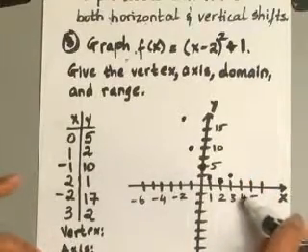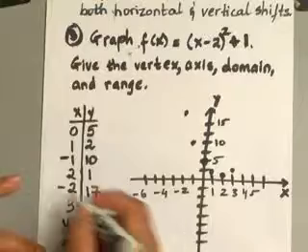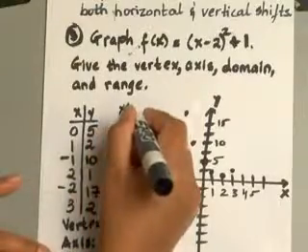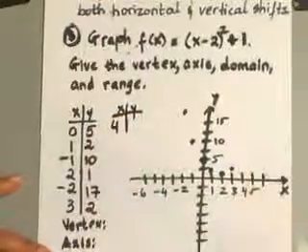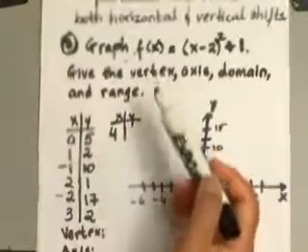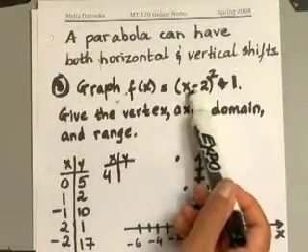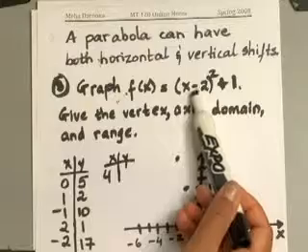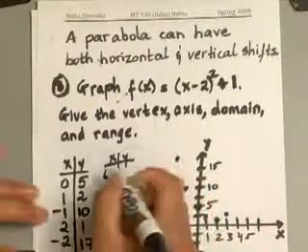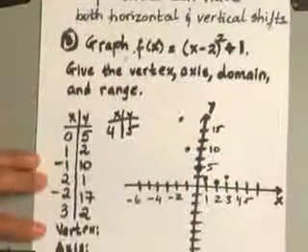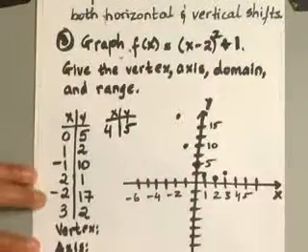Let's go ahead and see what happens when you put x equals 4. If I plug in 4 for my x value, I should end up with 4 minus 2 is 2, 2 squared is 4, 4 plus 1 gives us 5. So that way, we have a good set of numbers here.